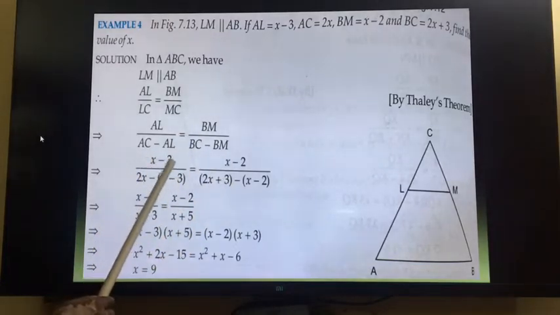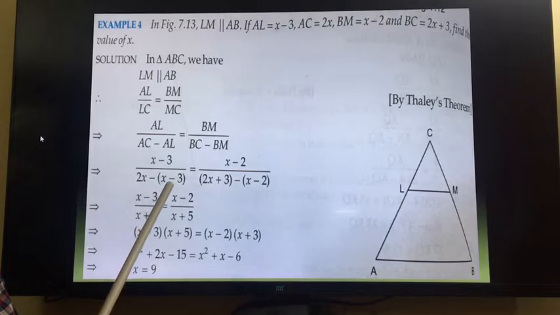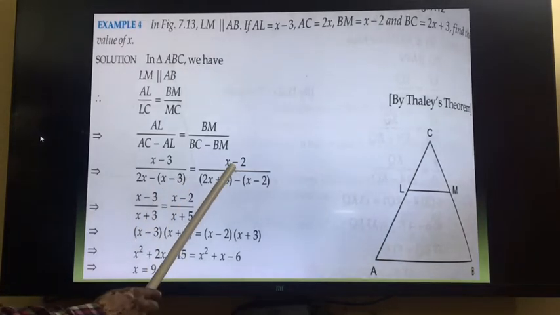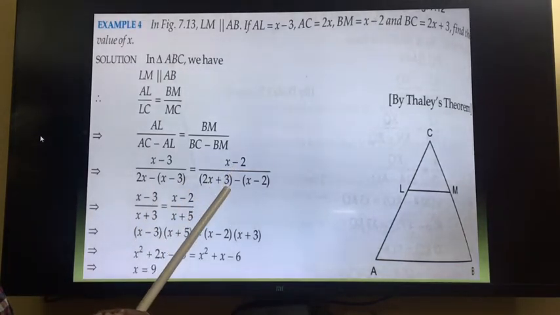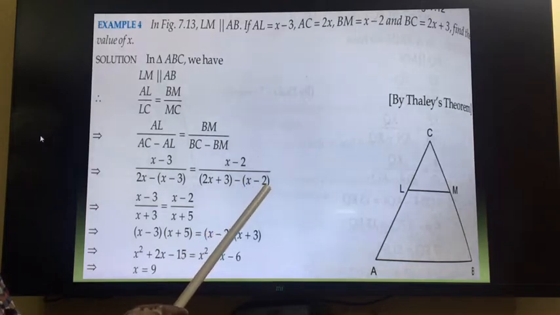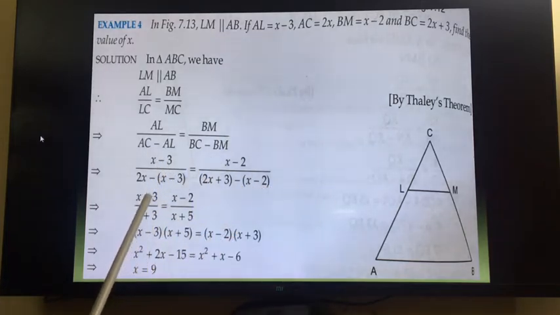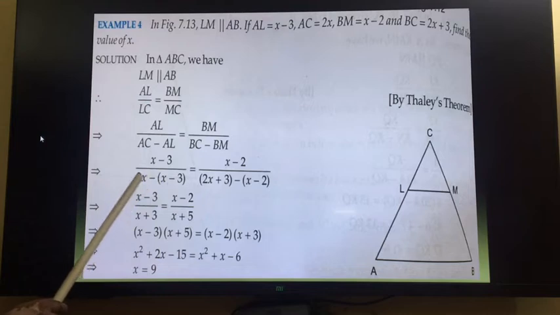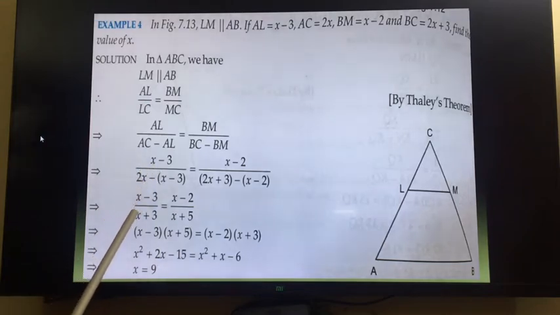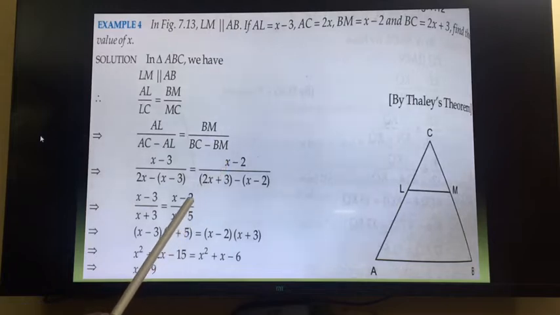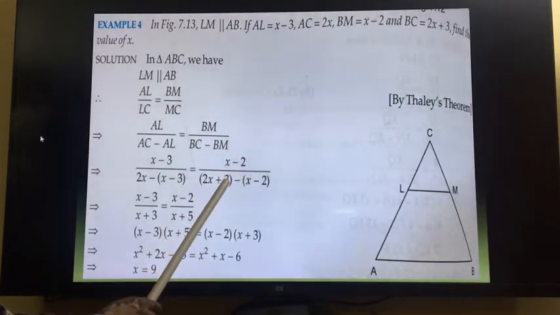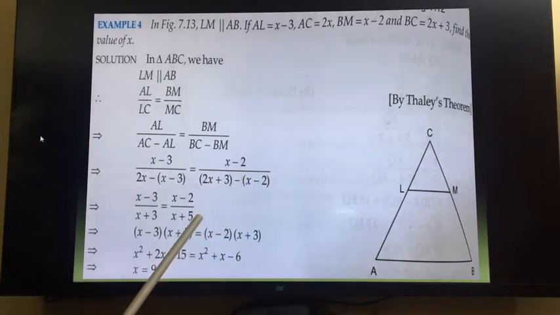So x minus 3 upon 2x minus in the bracket x minus 3 is equal to x minus 2 upon 2x plus 3 minus in the bracket x minus 2. So x minus 3 in the numerator, after opening this bracket, 2x minus x, that is x, minus minus plus 3, is equal to x minus 2 upon 2x minus x, that is x plus 3 and plus 2 will be 5.